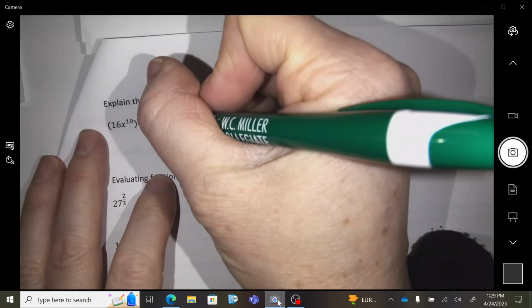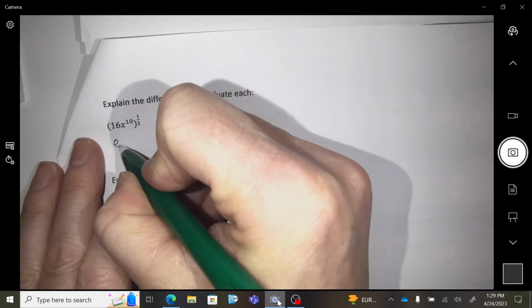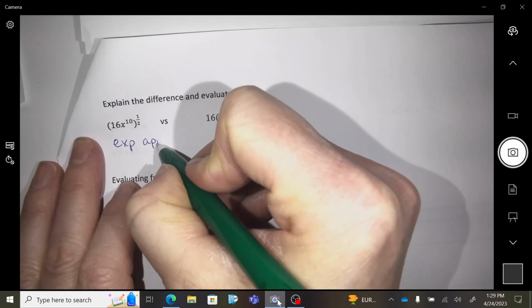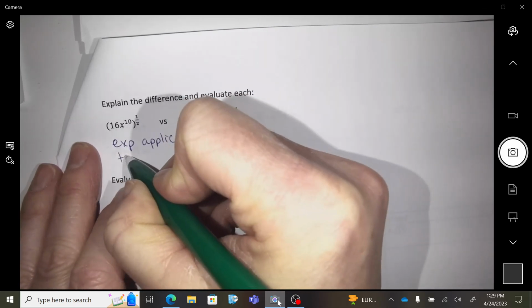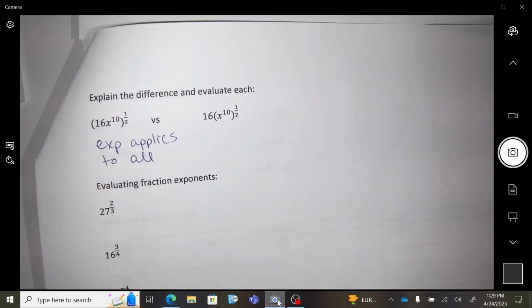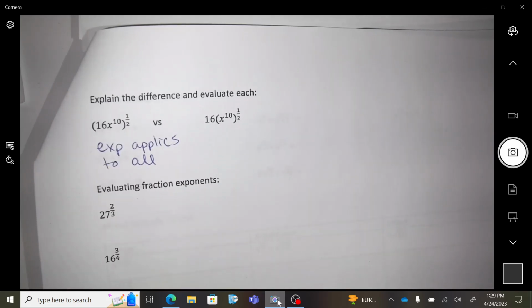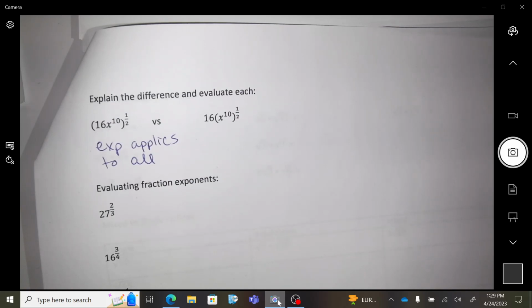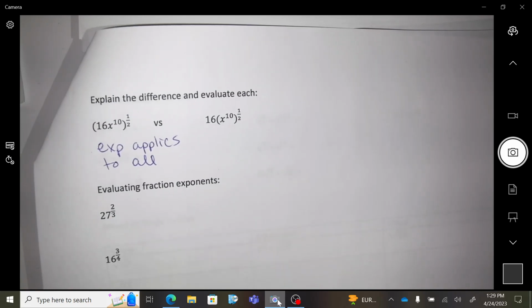Okay, so in this one, the exponent applies to all. The exponent is applying to the 16 and the x to the tenth. The exponent applies to everything because the whole bracket unit has that exponent on it.